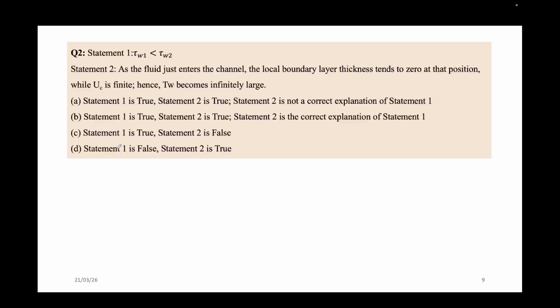I'm giving you again 2 minutes. There are 5 questions from the first one. I think if you understand this concept, you can easily answer these 5 questions.